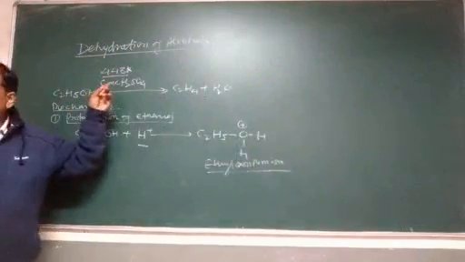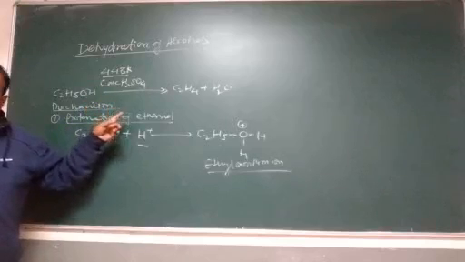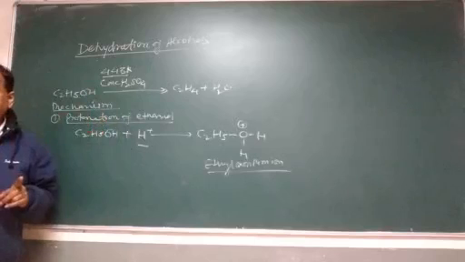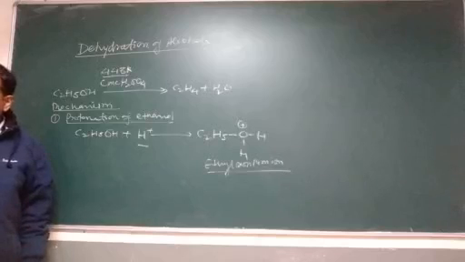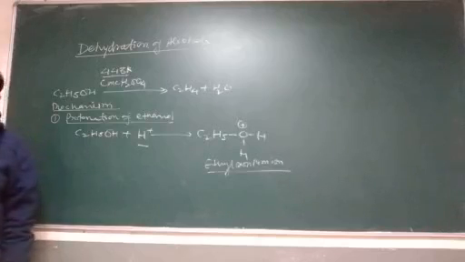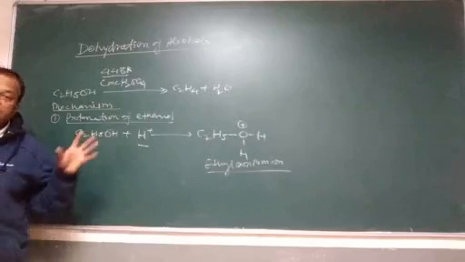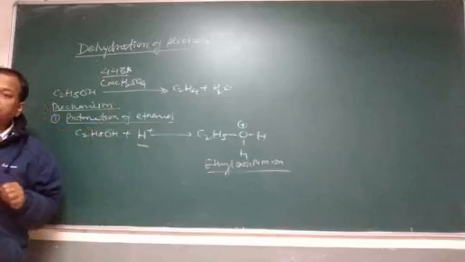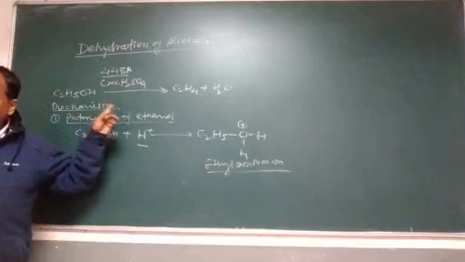So the temperature is specific, 443 Kelvin, with concentrated sulfuric acid. This is the only condition. Now you may ask, sir, why can we not use hydrochloric acid? Hydrochloric acid is very weak and it cannot take out the water from the molecule of alcohol.